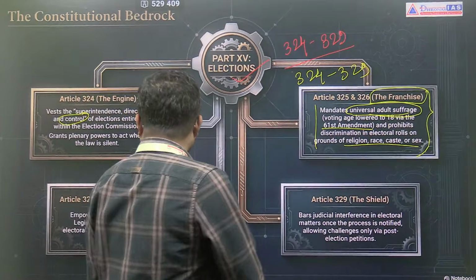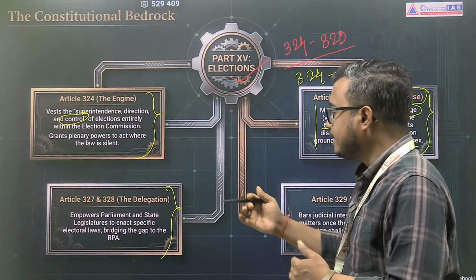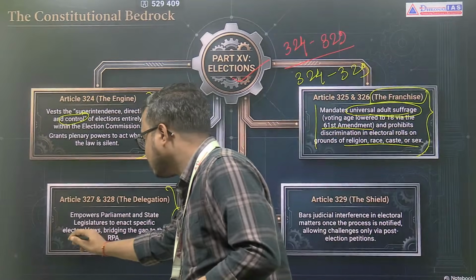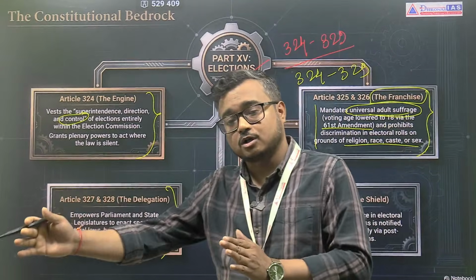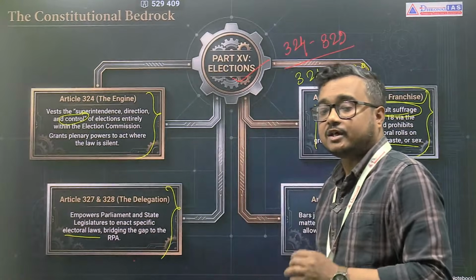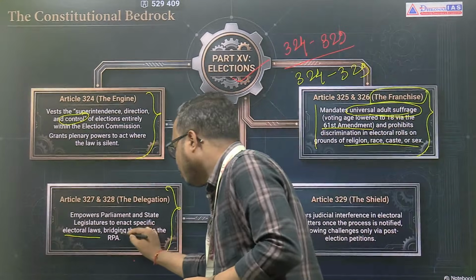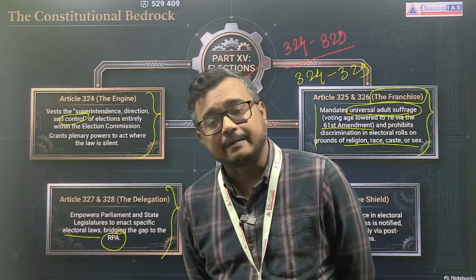Next we come to the duties. Under Articles 327 and 328, the Constitution has given both Parliament and the states the power to make specific electoral laws, so that whatever is missing in the RPA, the Representation of the People Act, can be bridged.